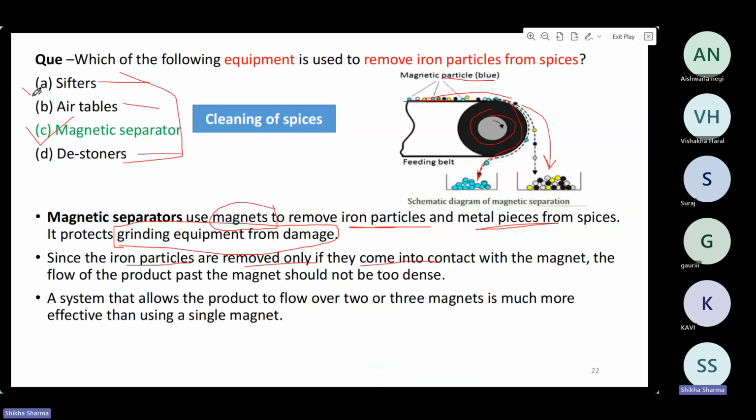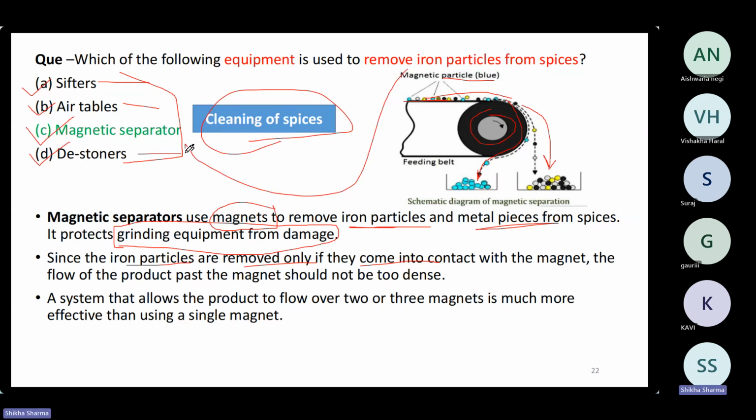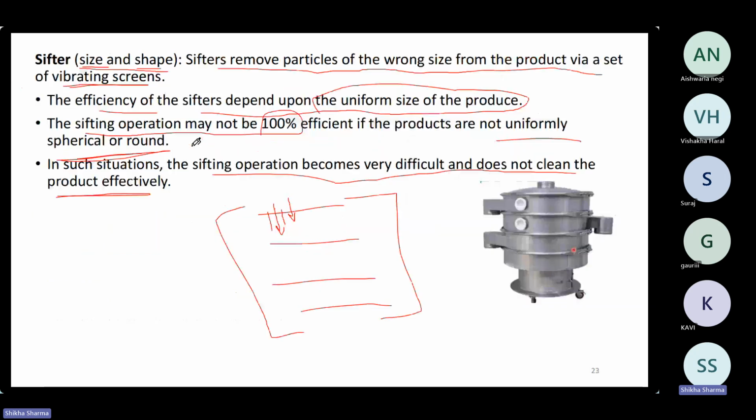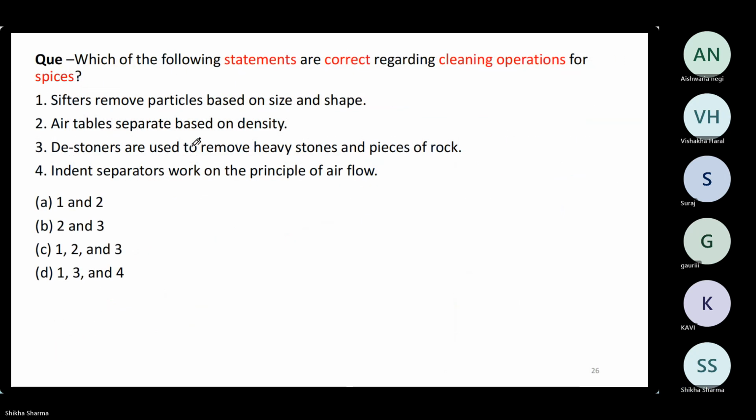We have these four separators: sifters, air tables, magnetic separators and destoners for cleaning spices, where irons can be removed with the help of a magnetic separator. Next, let's see the next question, which is also about the cleaning operation of spices.